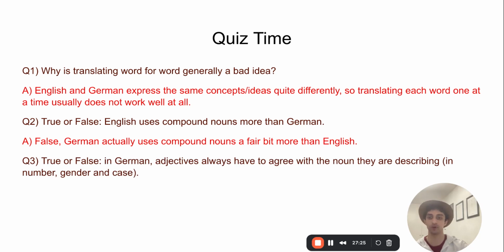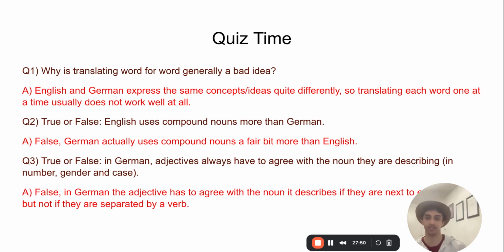Question three then, true or false again. In German, adjectives always have to agree with the noun that they are describing. In number, singular, plural, gender, masculine, feminine, or neuter, and case, nominative, accusative, genitive, or dative. Give a few more seconds for this. Okay, let me reveal the answer. This is actually false.